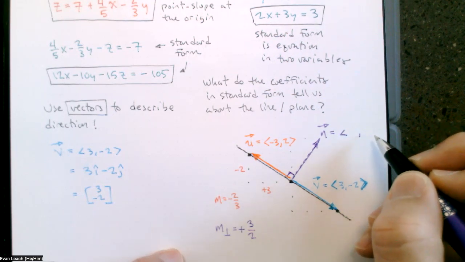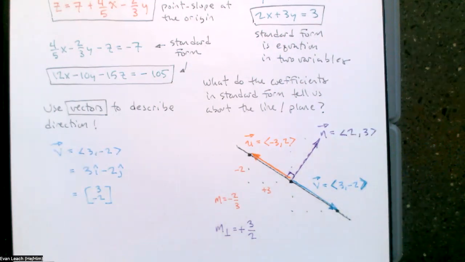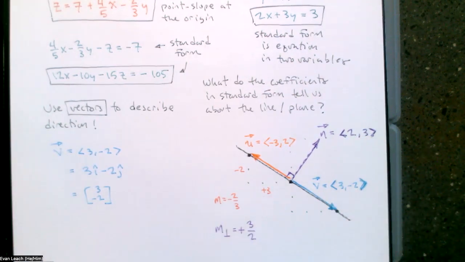So a slope of 3/2 is going to be a change of 3 in the y direction and a change of 2 in the x direction. And now the components of the normal vector, or the perpendicular vector, they do show up in our standard form. So the coefficients in standard form are the components of a vector normal to the line, or perpendicular.